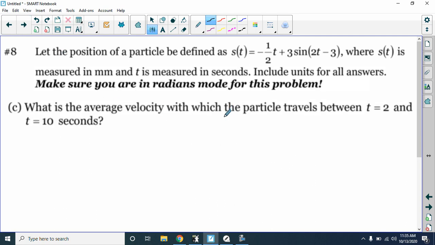Part C wants the average velocity with which the particle travels between 2 seconds and 10 seconds. Average velocity, so we're going to find a slope. If we're finding a slope to get a velocity, we need to be finding the slope of position. So we need to plug in 2 and 10 into the original equation to get 2 positions, and then finding the slope of 2 positions will give us an average velocity.